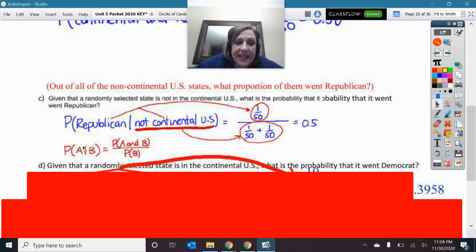Probability of A given B: all of the B probabilities on the bottom, but the top is the intersection of both A and B. The number one mistake students make is they want to just go probability of A over the probability of B. That's wrong. It's not just probability of A on top, it's the intersection of A and B. So let's fix that number one mistake so you don't fall for it.